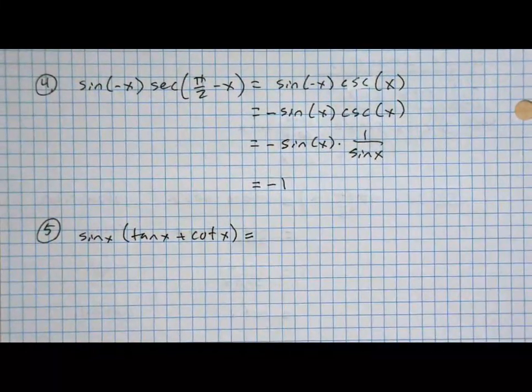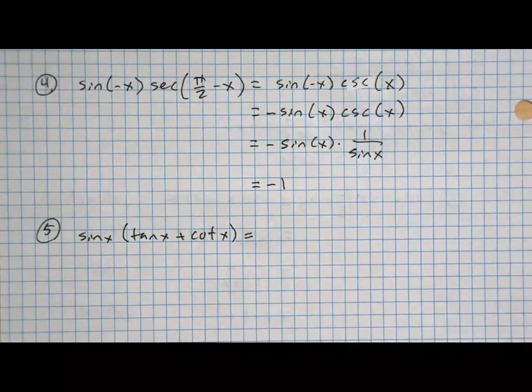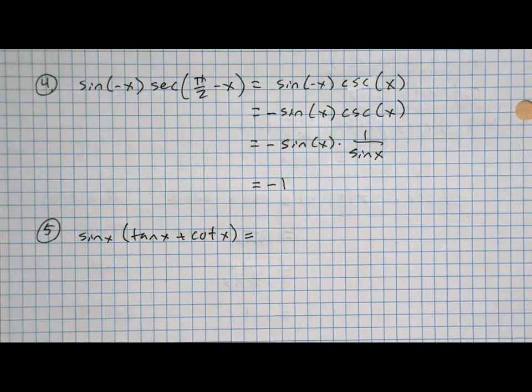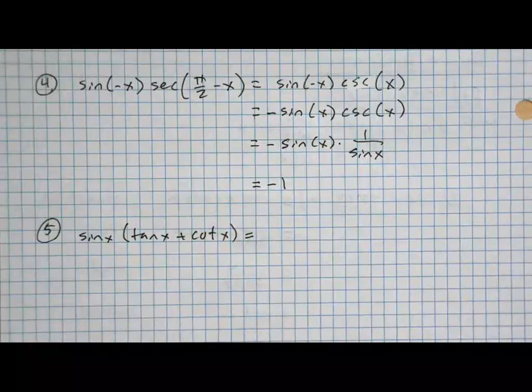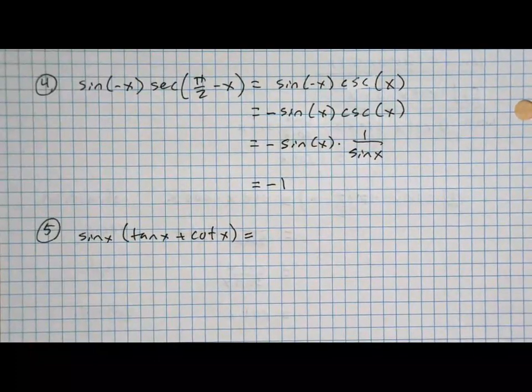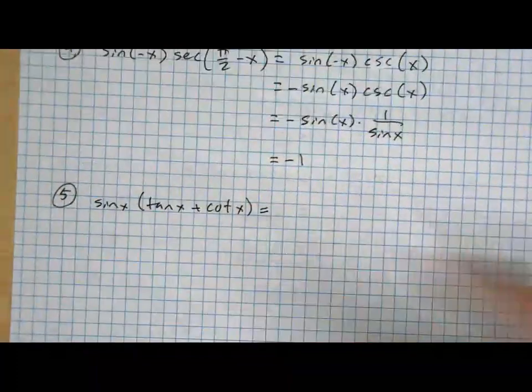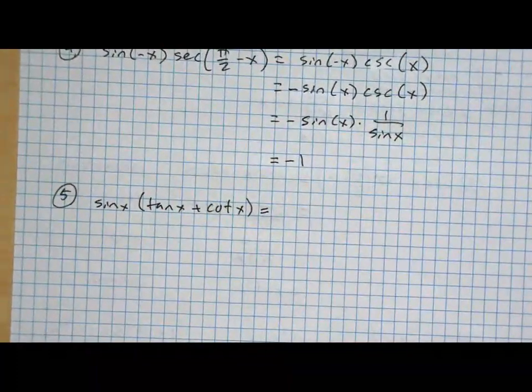Interesting. Anybody thinking about distributing? That kind of looks like a distribution type problem. So I could multiply this sine x by both of these things. That might not be a bad idea for a first step.